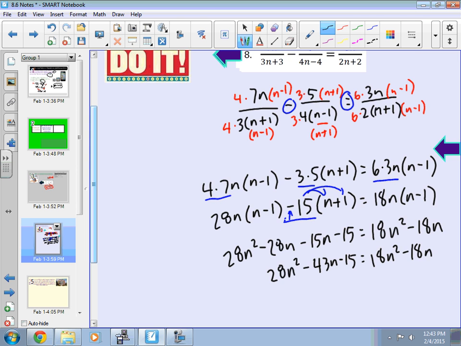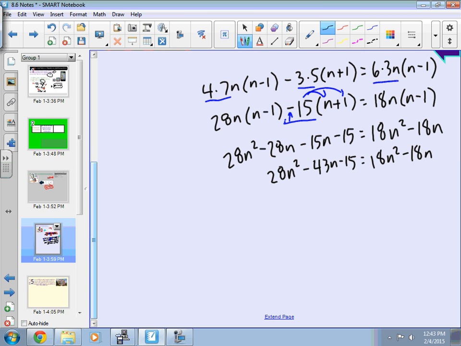So if we move everything to the left side here, meaning we need to minus 18n squared and add 18n. Now this should be equal to 0. You get 10n squared minus 25n minus 15. We've got to solve this out.